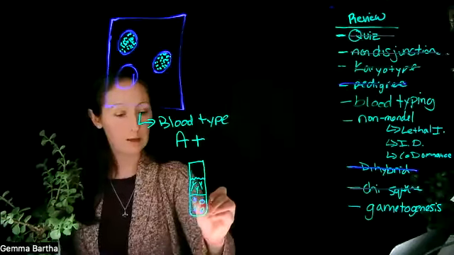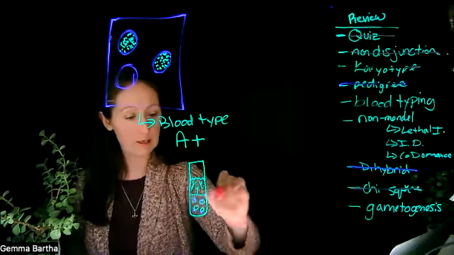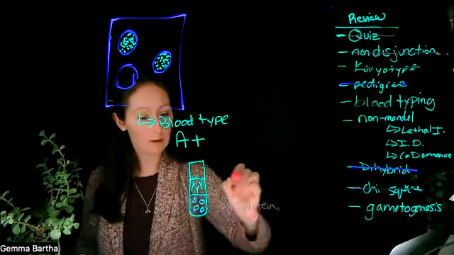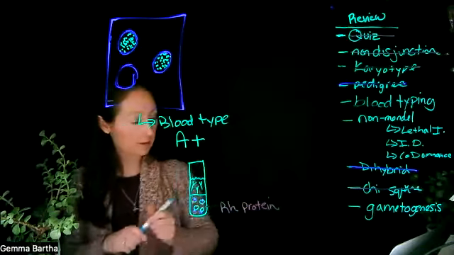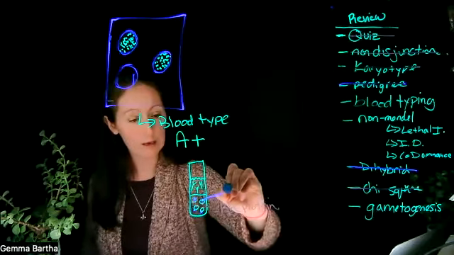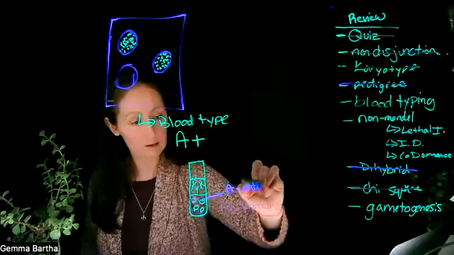So the pink dot here is going to be the Rh protein. And the blue dot is going to be the A antigen.